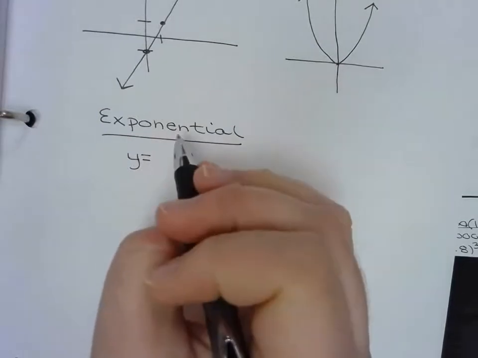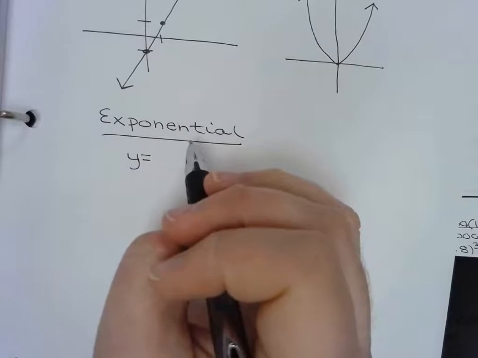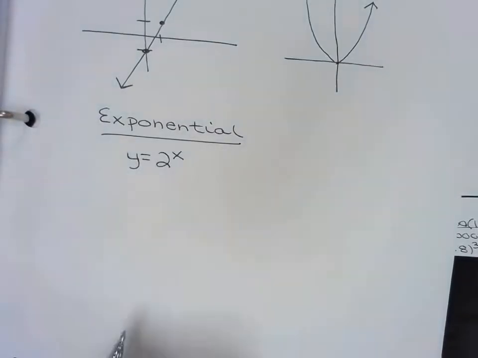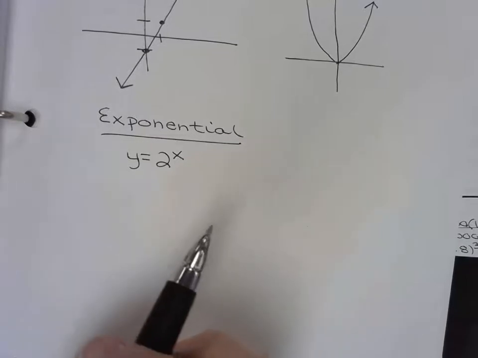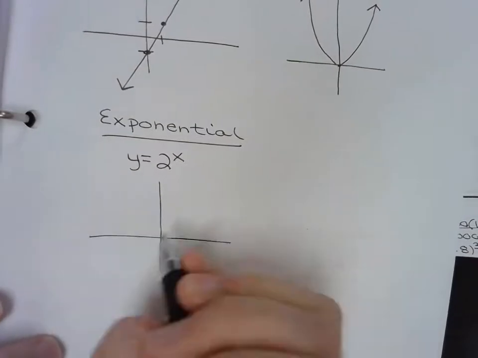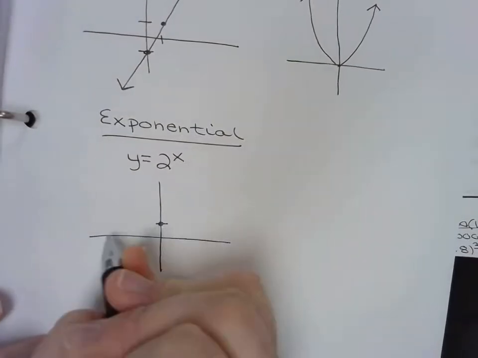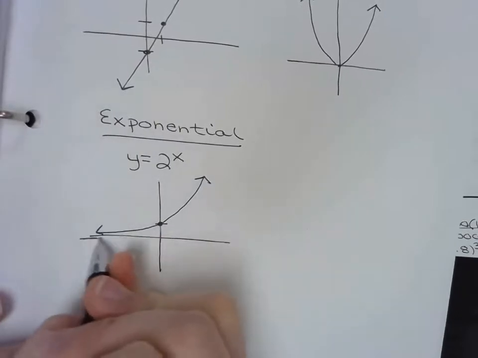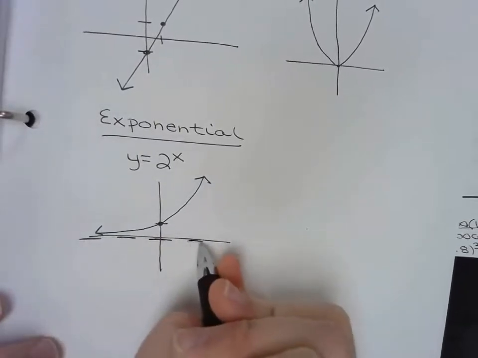No, your variable is your exponent. So 2 to the x power. You know it's exponential if your variable is in the exponent. So x is the exponent, 2 is the base. The graph looks something like that. It curves that way with an asymptote at y equals 0.